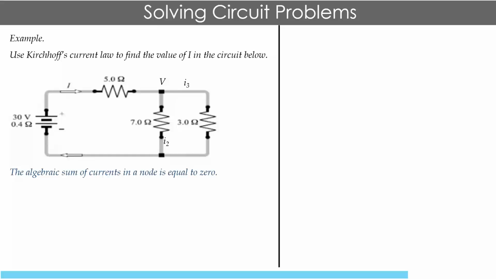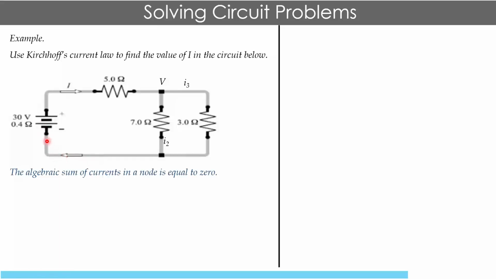Based on Kirchhoff's current law, the algebraic sum of current entering a node is equal to 0. We can see that we've been given the convention for the flow of current. Current is moving into this 5 ohm resistor, coming to this node, and then we can see the current leaving, coming back to the battery.